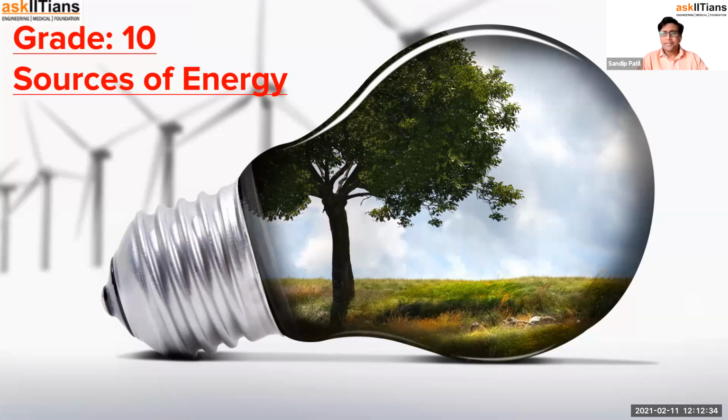We already know that trees are a very important part of our life. Trees not only provide us food, they also provide us oxygen. These two important things, essential for our life, are provided by trees.